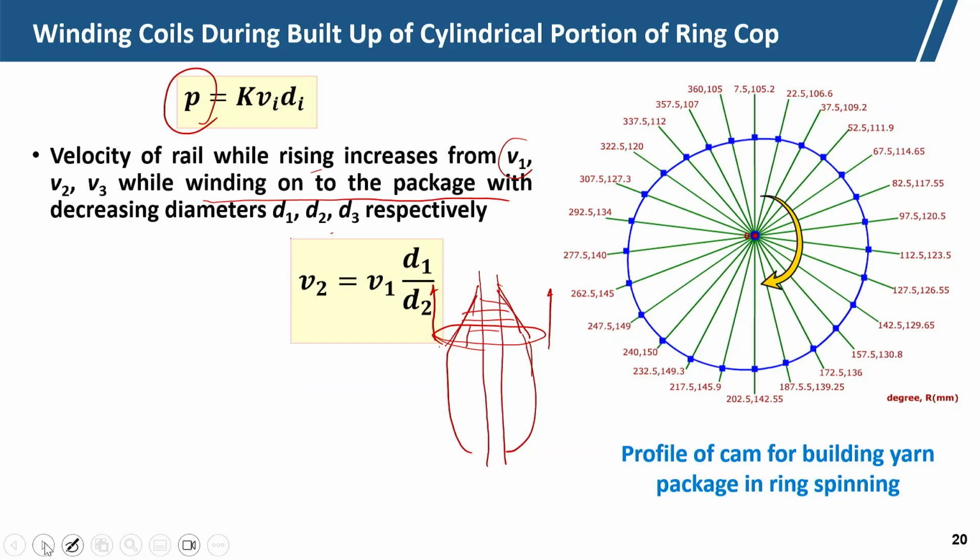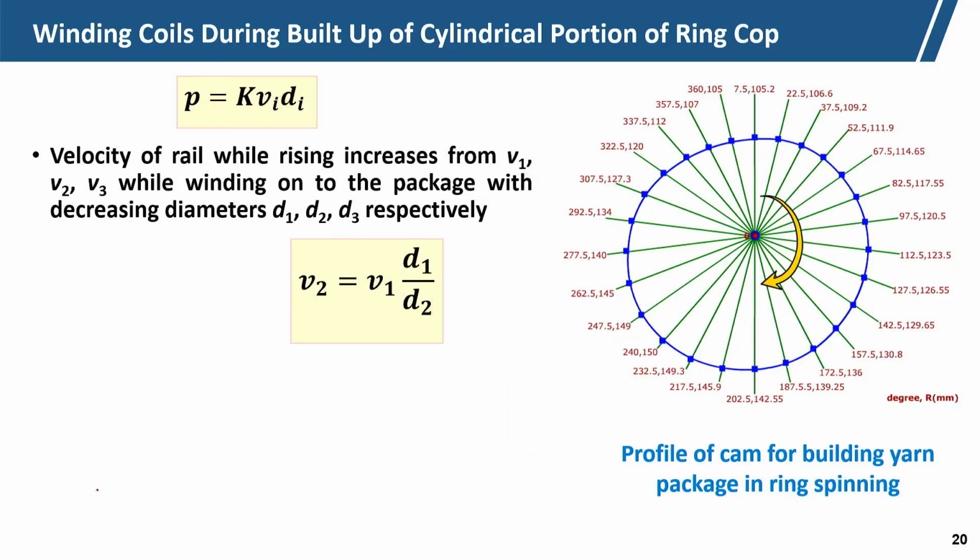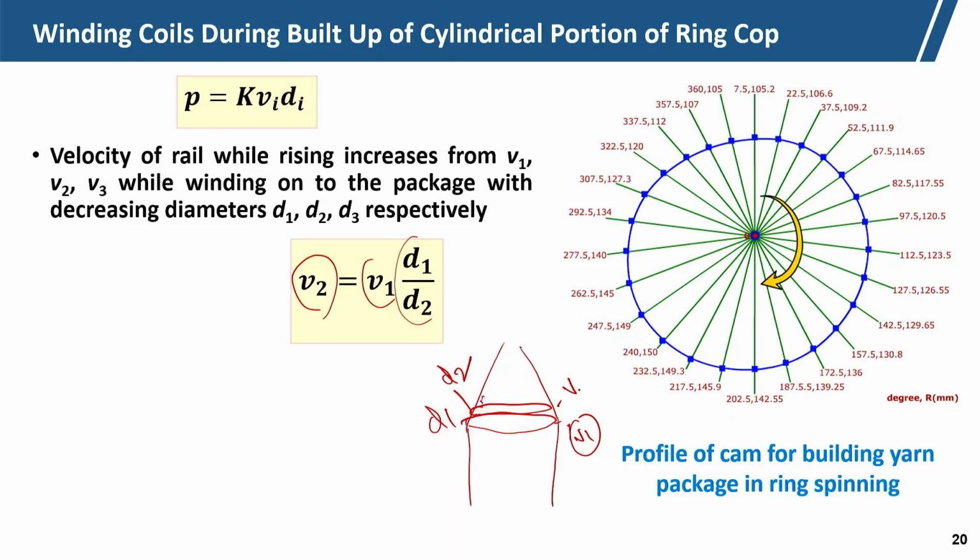V2 will be related with the diameter. At this point on the package the diameter is D1 and the speed is V1; at the next layer the diameter will be D2 and the speed will be V2.